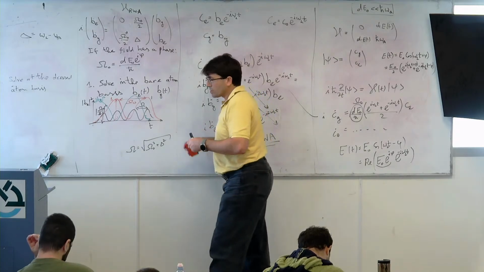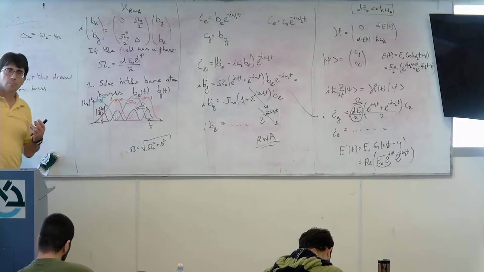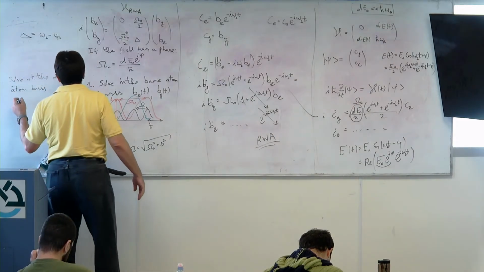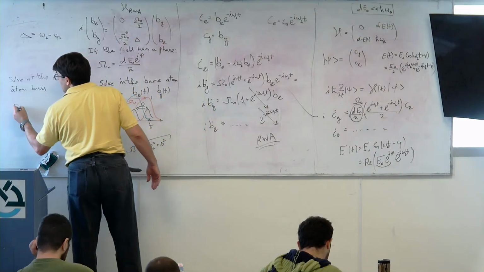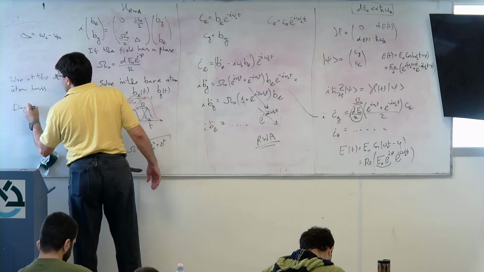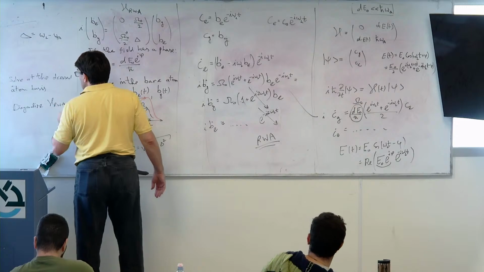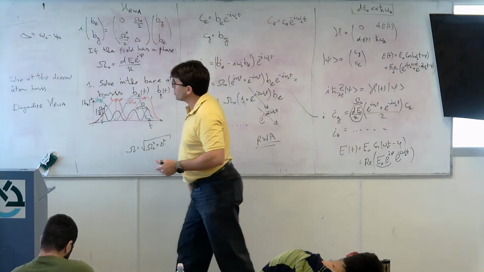And this had to do with just diagonalizing the Hamiltonian. So this is just a 2 by 2 matrix. And we found new states.